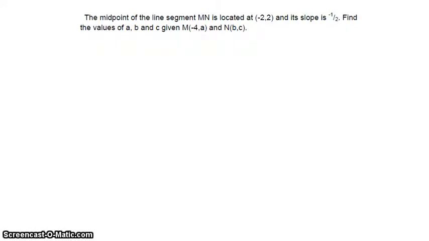Okay, so again, in any coordinate geometry, it is best that you plot the points whenever it is possible. So I can plot the midpoint of MN. So let's say this is the X and Y axis, and plotting the point (-2, 2) will be, so negative 2 and positive 2, the location of the midpoint.